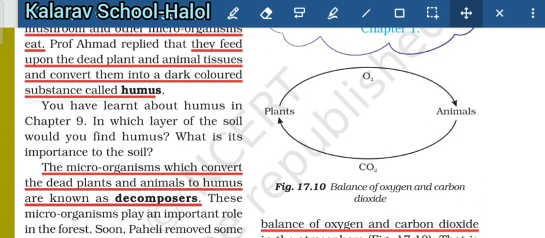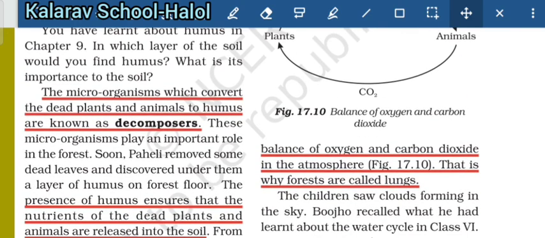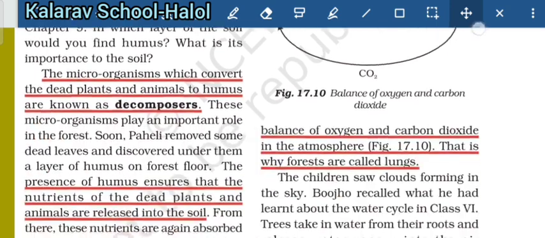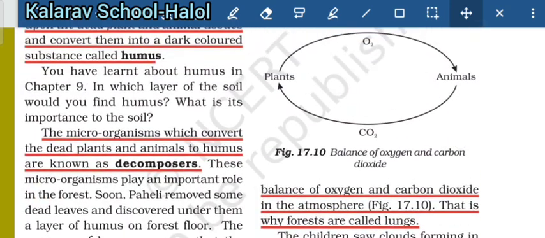You can see plants give oxygen to animals and animals give carbon dioxide to plants. In this way the balance of oxygen and carbon dioxide takes place. That's why forests are called the lungs for human beings. So here we have completed today's topic, chapter number 17 of standard 7th.